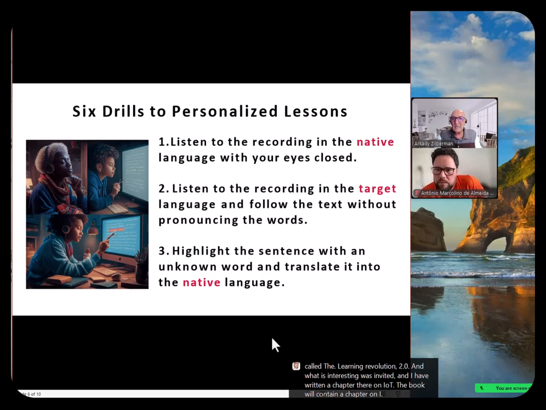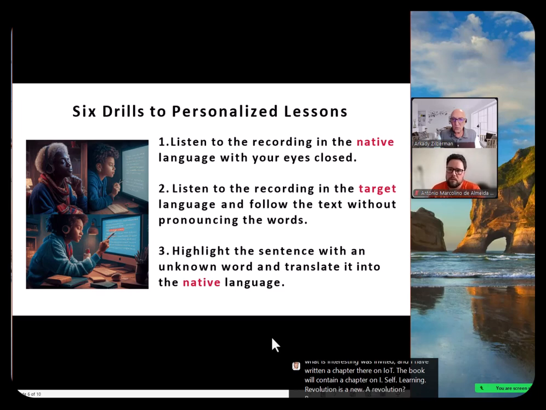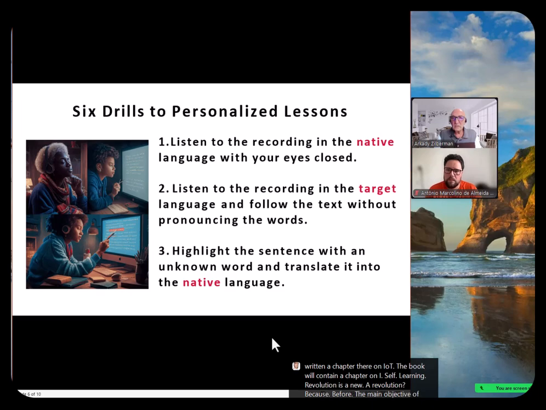Self-learning revolution is a new revolution because before, the main objective of the teacher was to transfer knowledge, because the teacher was the only source of knowledge, right? But now knowledge is available to anybody, free. It's on the internet.